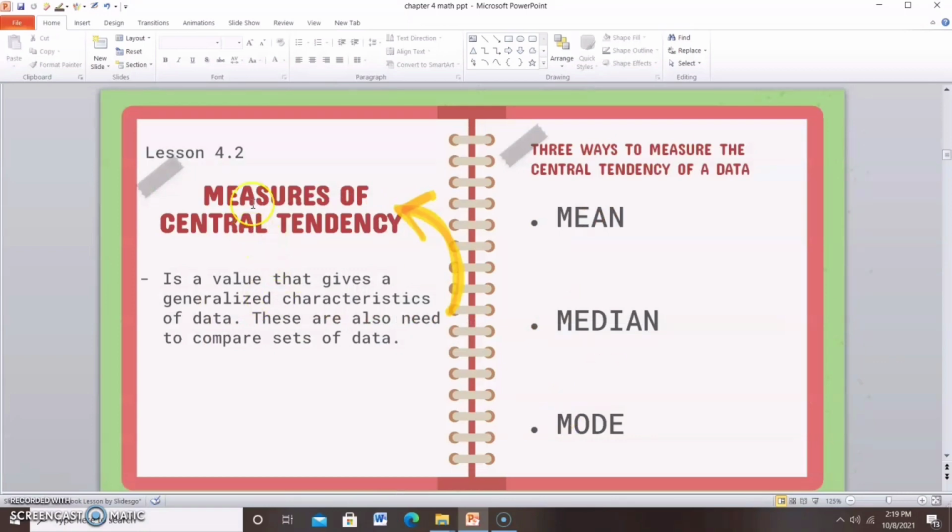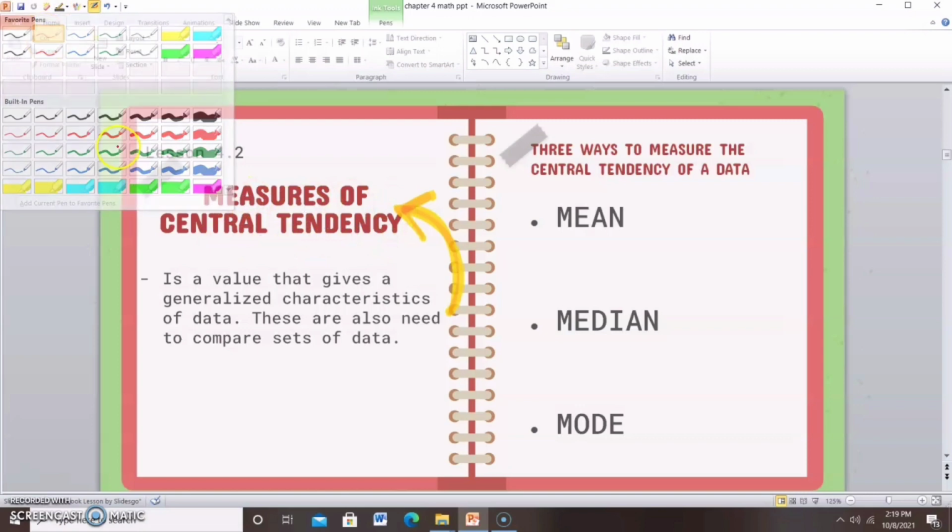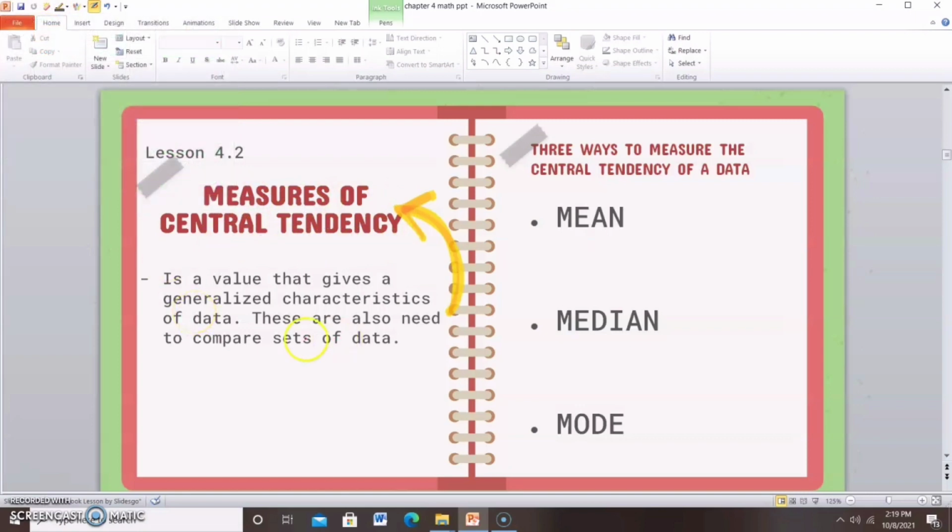Next topic is the measure of central tendency. A measure of central tendency is a value that gives generalized characteristics of data. It is also needed to compare sets of data. There are three ways to measure the central tendency of data. First is the mean.